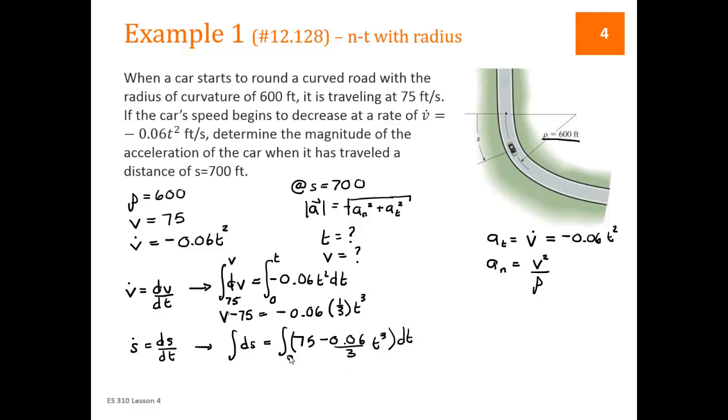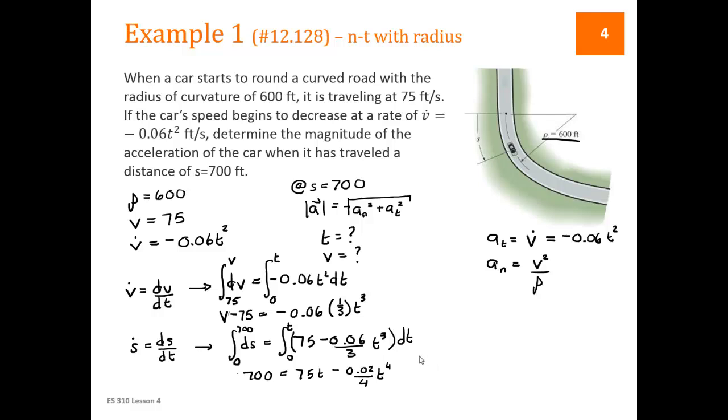The t is going to go from 0 to t, and the s is going to go from 0 to 700. So this is going to be 700 is equal to 75t minus 0.02 divided by 4, t to the 4th, evaluated from 0 to t.